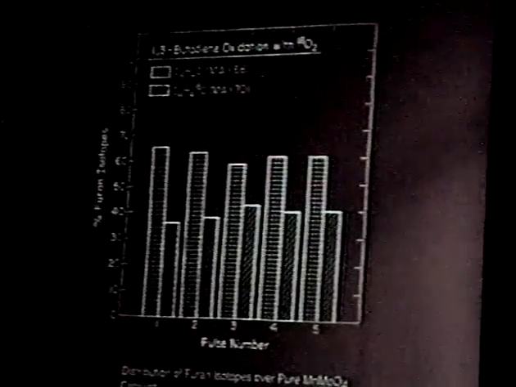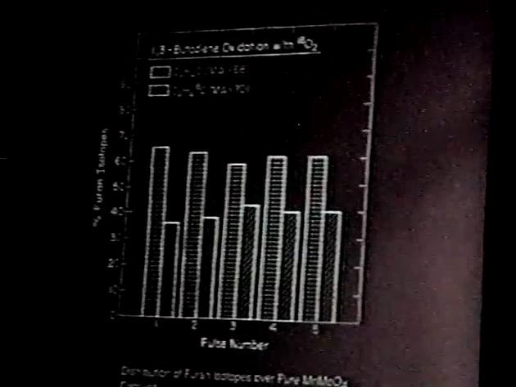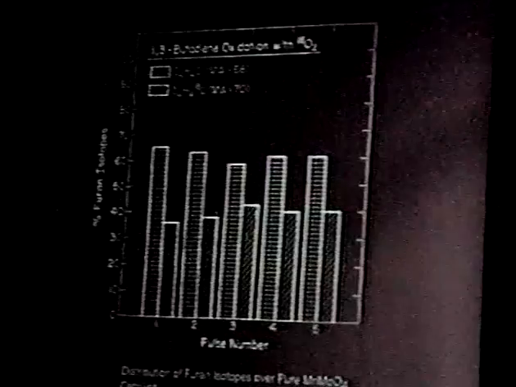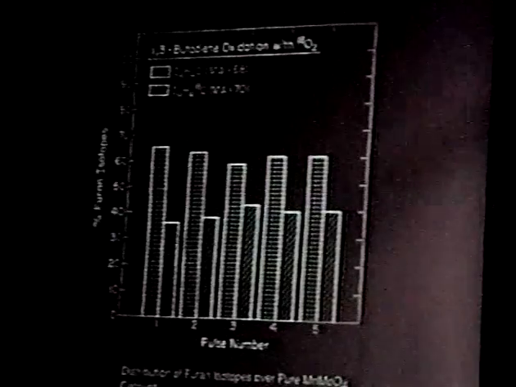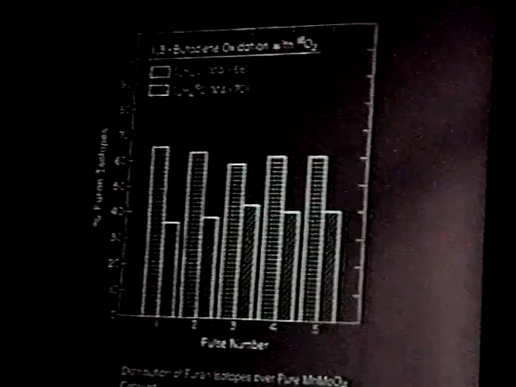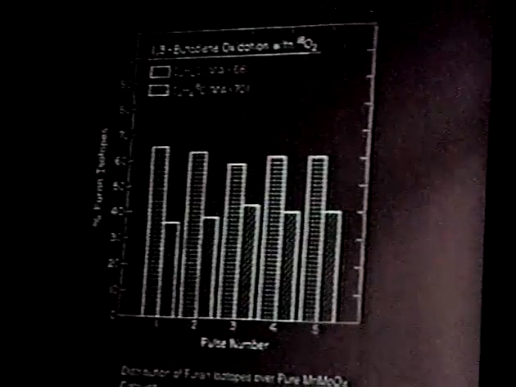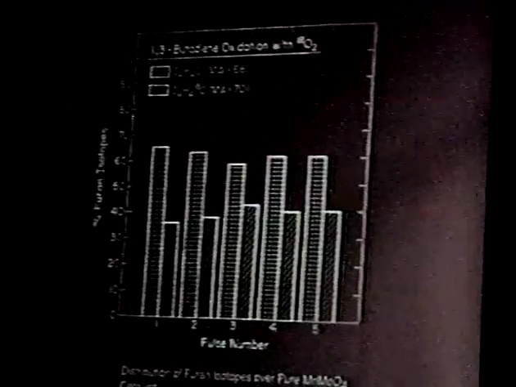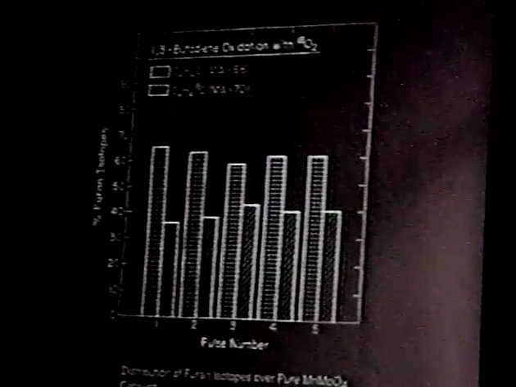The percentages are about 65%, or in some cases about 60%, for oxygen-16 and about 40% for oxygen-18. That means for manganese molybdate, the lattice oxygen does play an important role, but we also start seeing incorporation of gas phase oxygen into the hydrocarbon molecule.